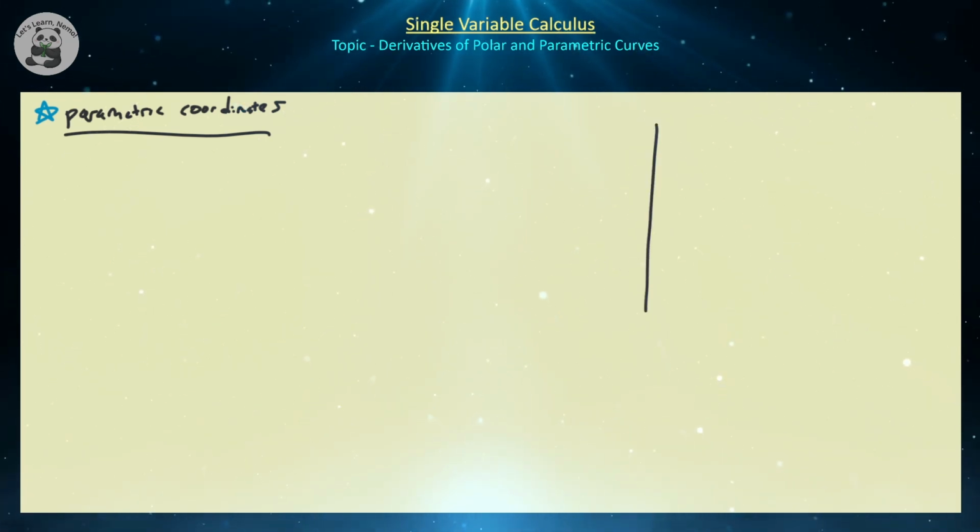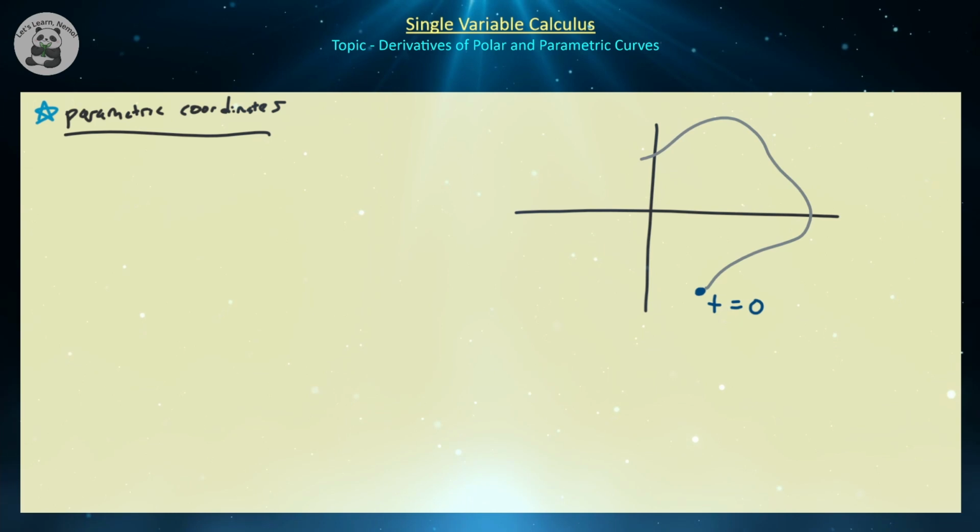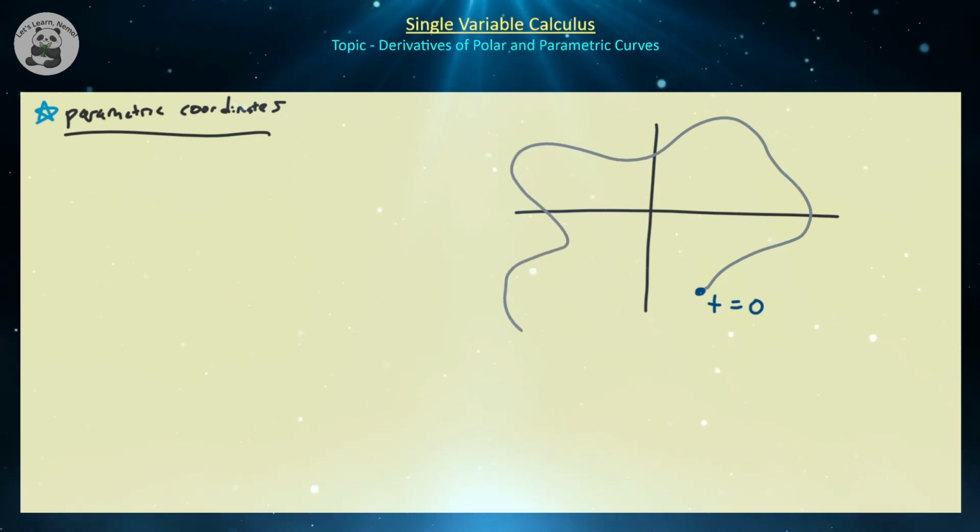So let's just give a quick graph of a particle that's moving in some completely different pattern. So let's assume that we're sort of chilling at this point at time t is equal to 0, and then we're sort of traversing through this particular plane in this particular way, right? And let's assume that we eventually get back to where we were.